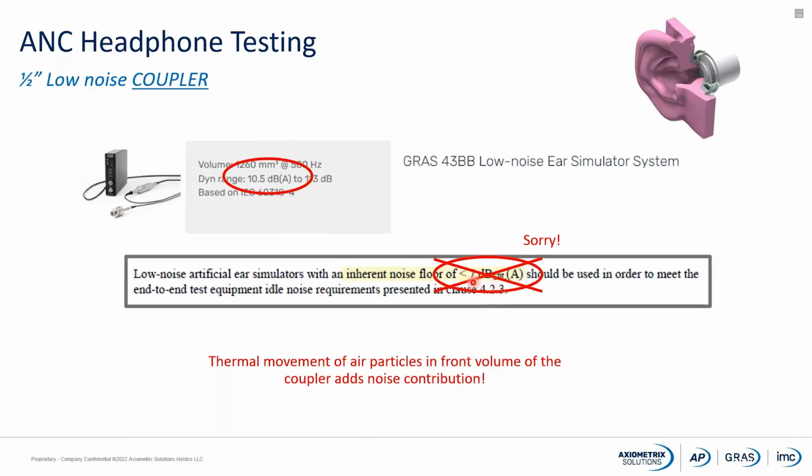So unfortunately, given the state of the technology nowadays, if we are using an ear simulator, it's not possible to get the noise floor that is recommended by the standard of 7 dBA. The best we can do is 10.5 dBA with this very specialized type of ear simulator with very high sensitivity.